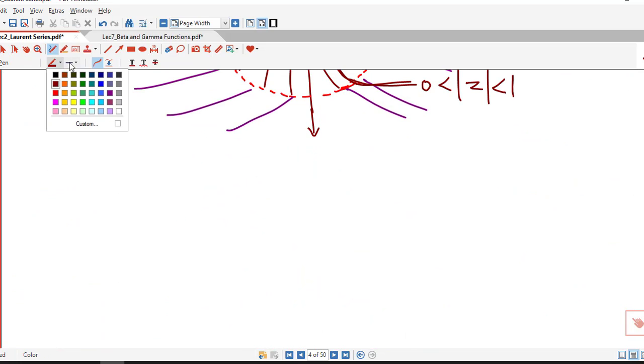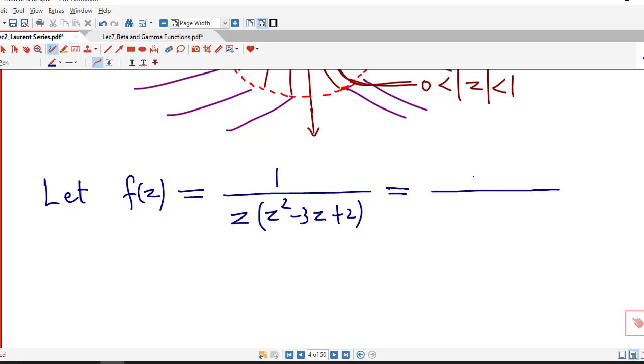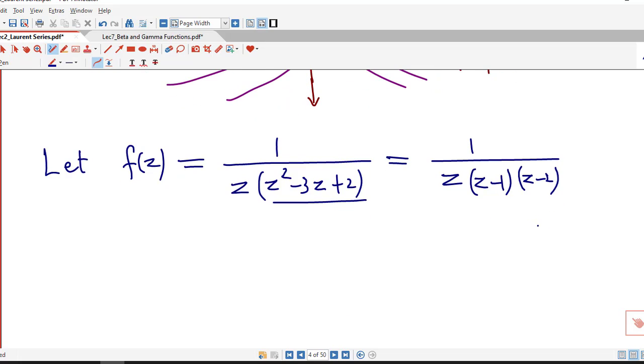First we simplify our function. Our function is f of z is 1 over z into z square minus 3z plus 2, and this quadratic factor is nothing but the product of two linear factors z minus 1 and z minus 2. So this is a proper rational function.